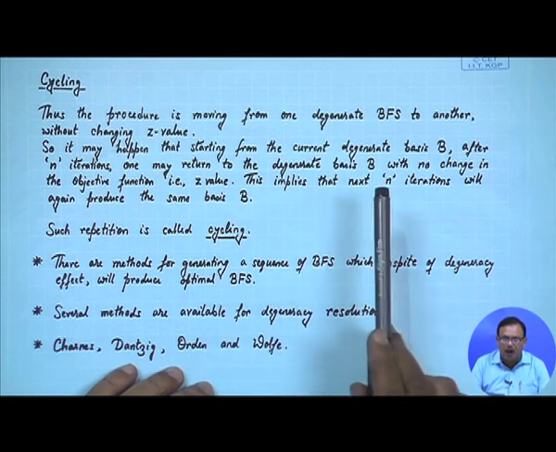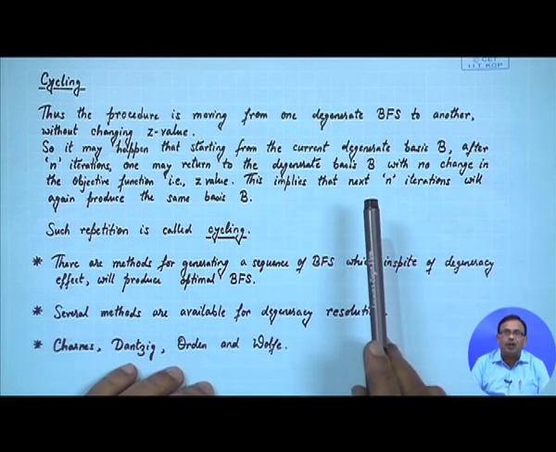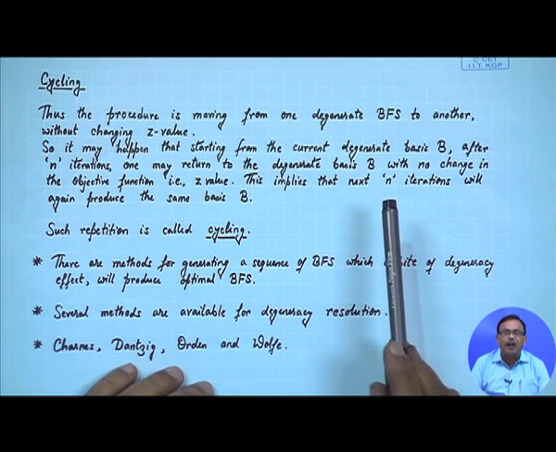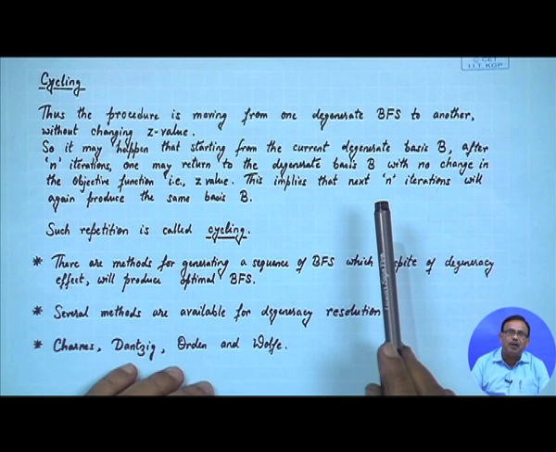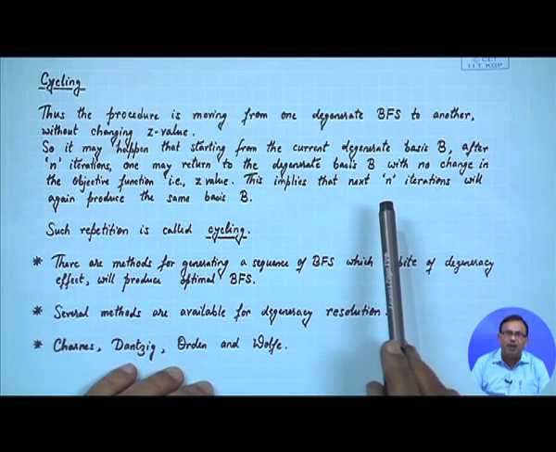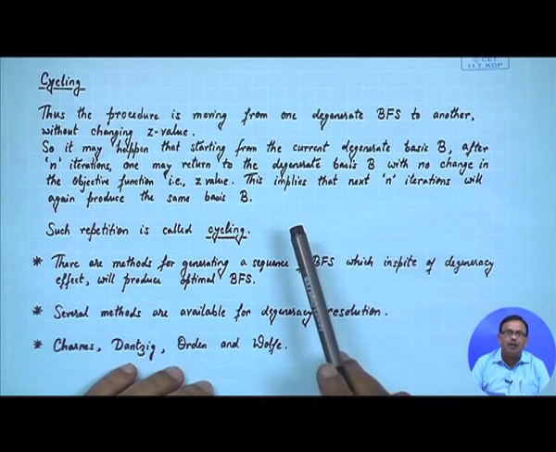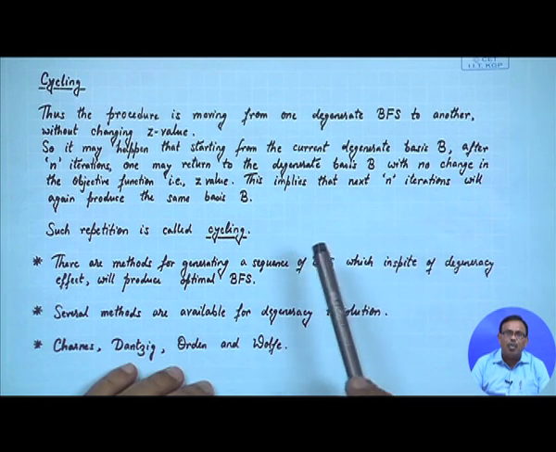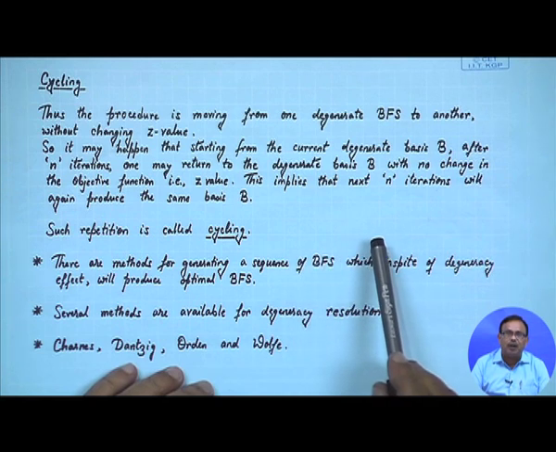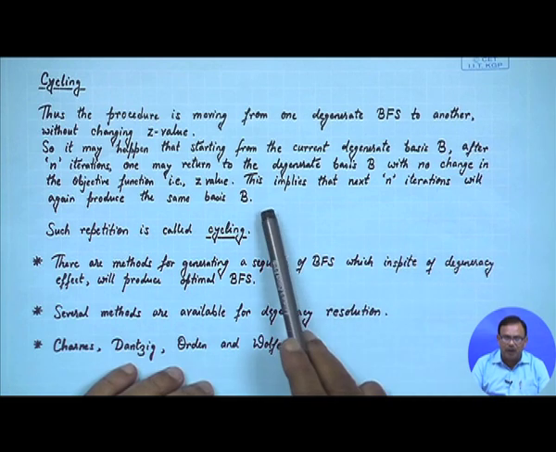It may happen that, starting from a current degenerate basis B, after n iterations I may return again to the degenerate basis B with no change in the objective function, that is the Z value. This implies that the next n iterations will again produce the same basis B.